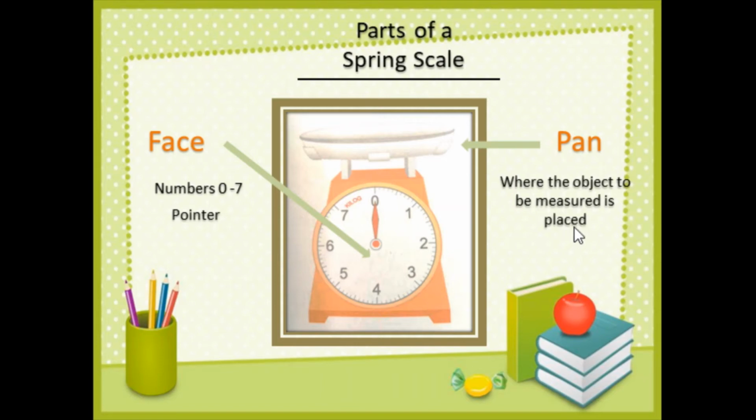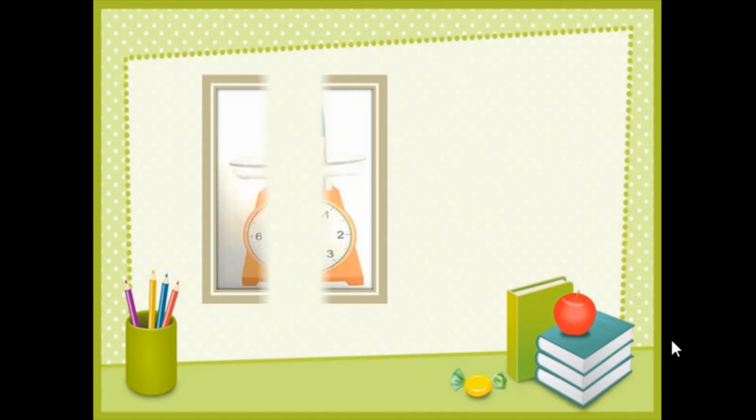You put it in the pan before you read the measurement. So later on, you will know more about this one. So what are the parts of the scale? Face and pan. Good job.